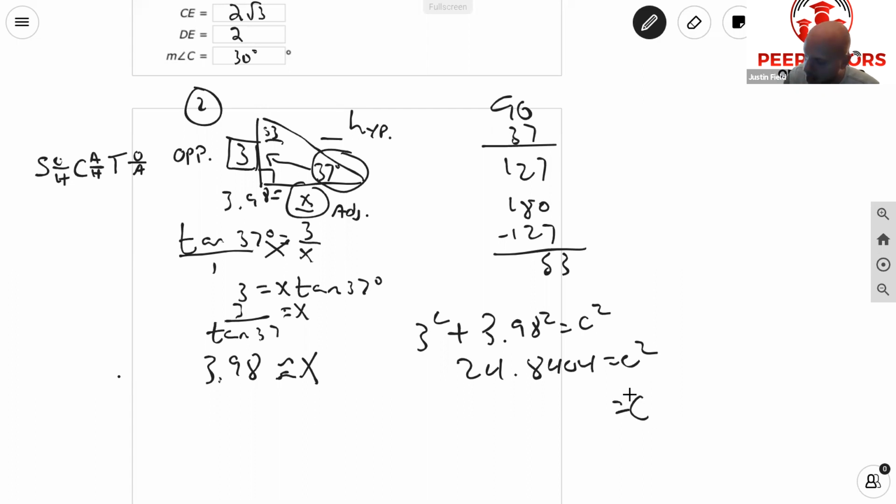Square root both sides, and you get 4.98. All right, it was supposed to be a 3, 4, 5 right triangle, but I rounded, so it's a 3, 3.98, 4.98 triangle.